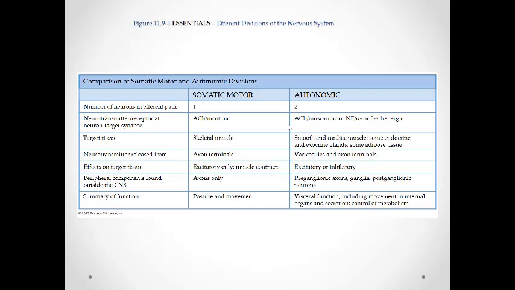Somatic motor is usually target tissue or skeletal muscle. With autonomic, it's like all the others that we mentioned already. In somatic, axon terminals release neurotransmitters, but in the autonomic, you have branches as well as the axon terminals that release it.